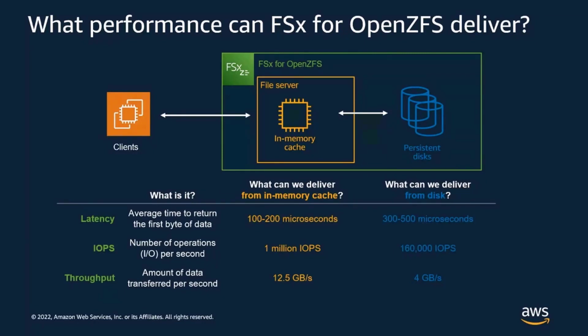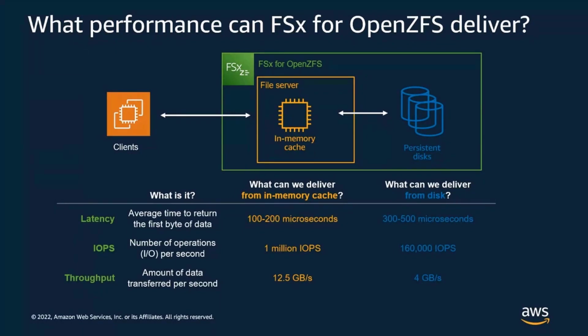So the way to think about it is your frequently accessed data will typically live in your file server's in-memory cache. So we're able to deliver higher levels of performance for that frequently accessed data, whereas your infrequently accessed data, or the rest of your data, will typically need to be accessed from disks, which deliver a lower but still very high level of performance.